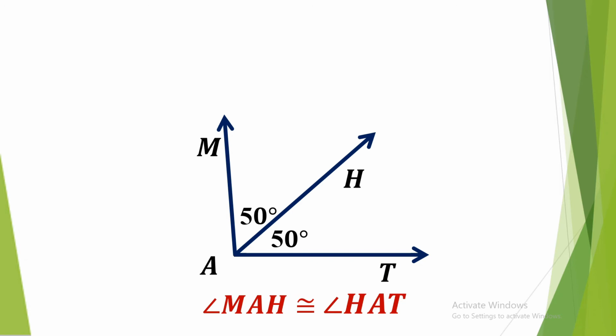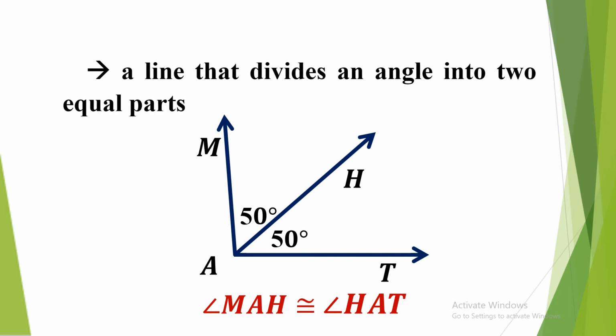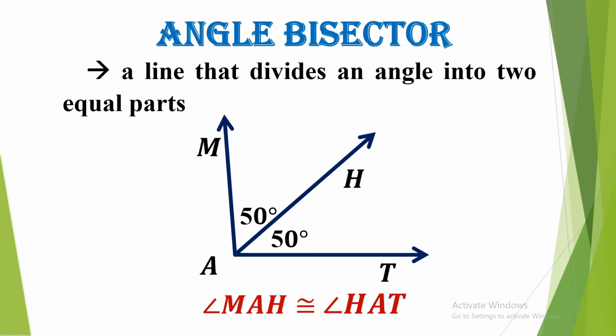Now, based on this illustration, ray AH is a line that divides angle MAT into two equal parts. So, what do we call now ray AH? Very good. We call it an angle bisector.